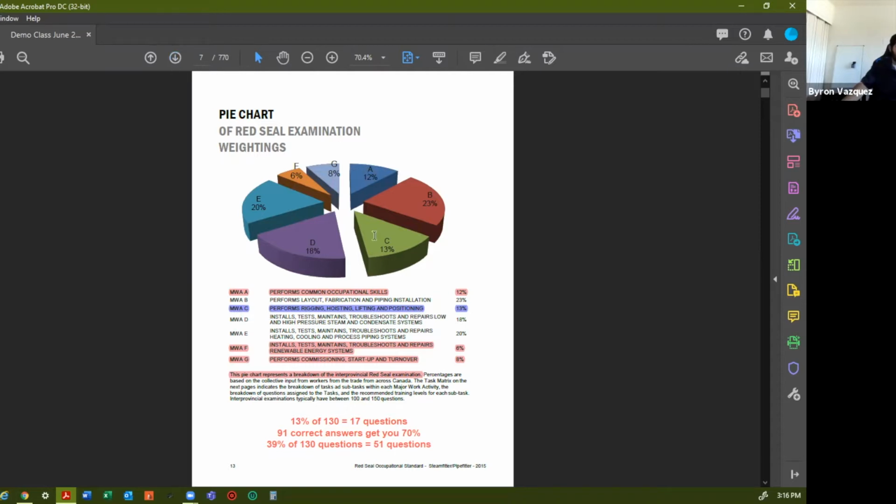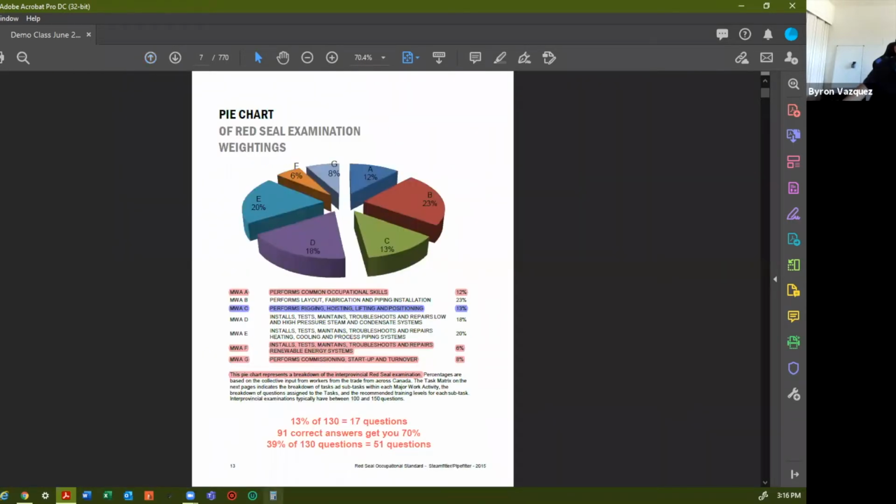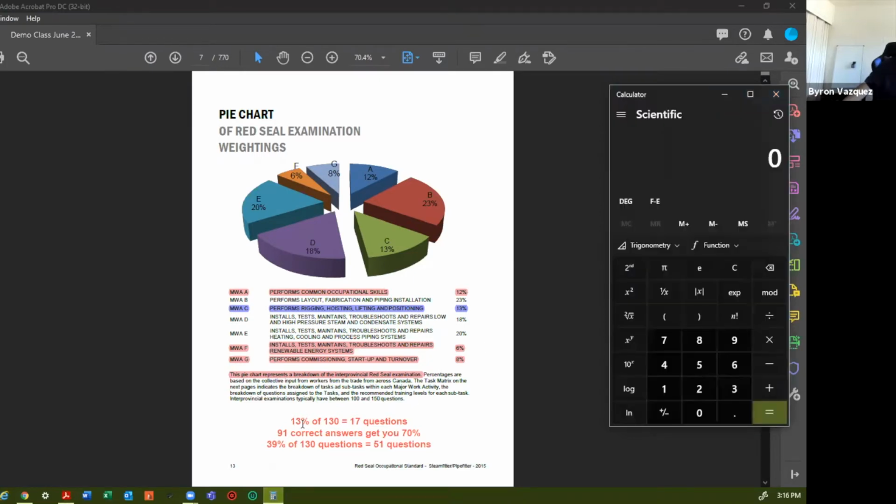Now, this pie chart is out of 100, but your Red Seal exam is based out of 130 questions. I have it here, pulled from redseal.ca. So your exam is 130 questions, and if we do some math, we can calculate how many questions we get from that one slice of the pie.